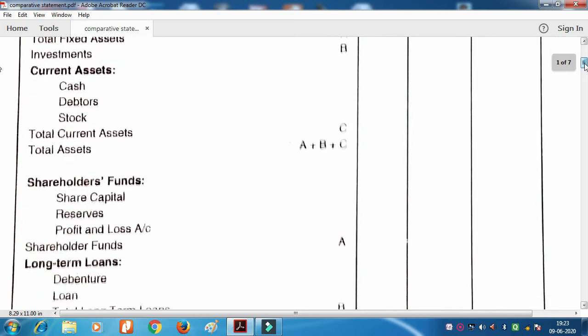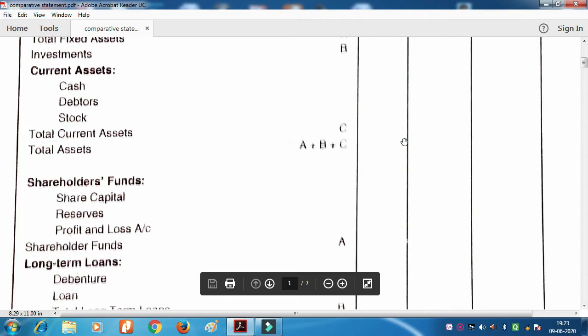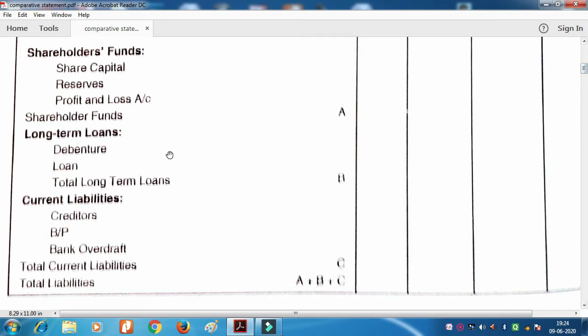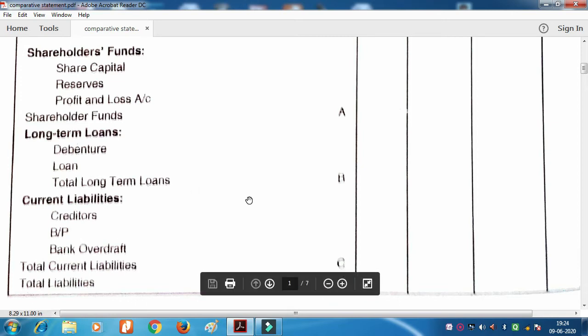Next we will have shareholders fund. Now what is shareholders fund? Share capital, reserve and surplus, and profit and loss account. This will give us the shareholders fund, that is A. Next comes long term loan, and under this we will have debenture and loan, and total long term loan becomes B. Then comes current liability, which is the total of creditors, BP meaning bills payable, and bank overdraft.